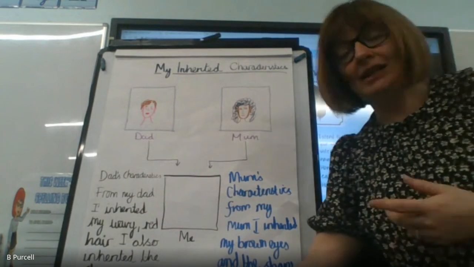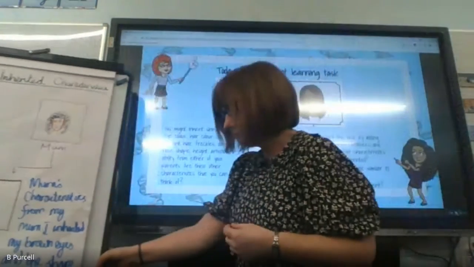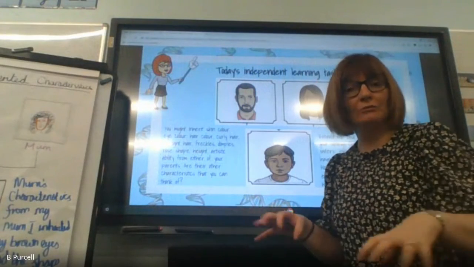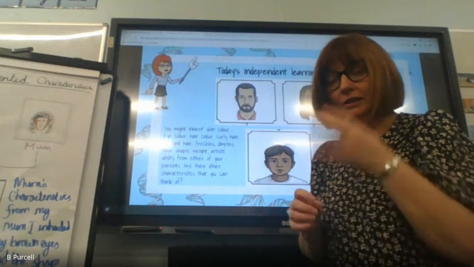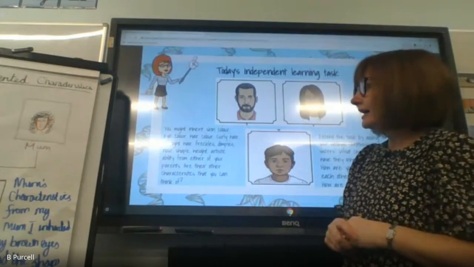So it might be that, like I said at the beginning, your hair colour is slightly different. One of you might have curly hair, one of you might have straight hair, one of you might have blue eyes, one of you might have brown eyes. You might have the same shaped nose though. So this is your task for today.